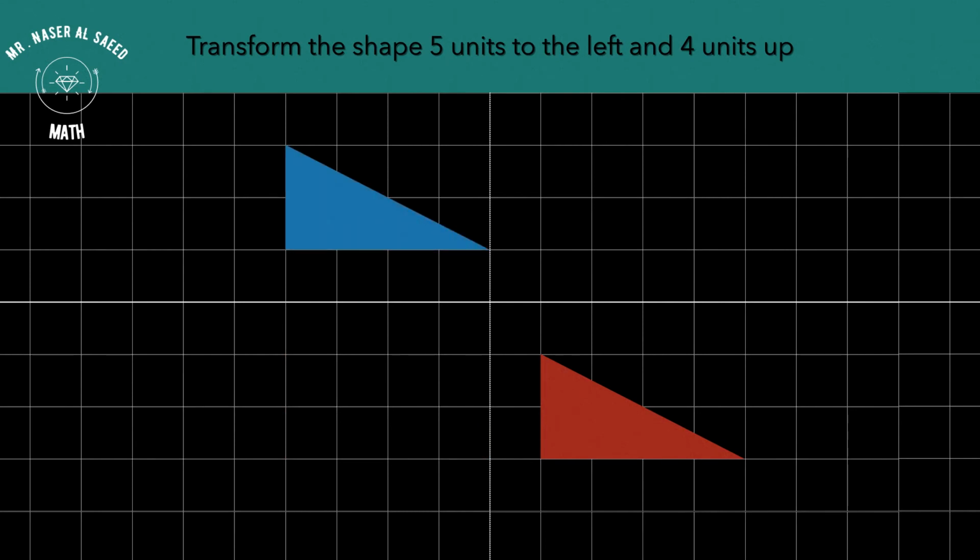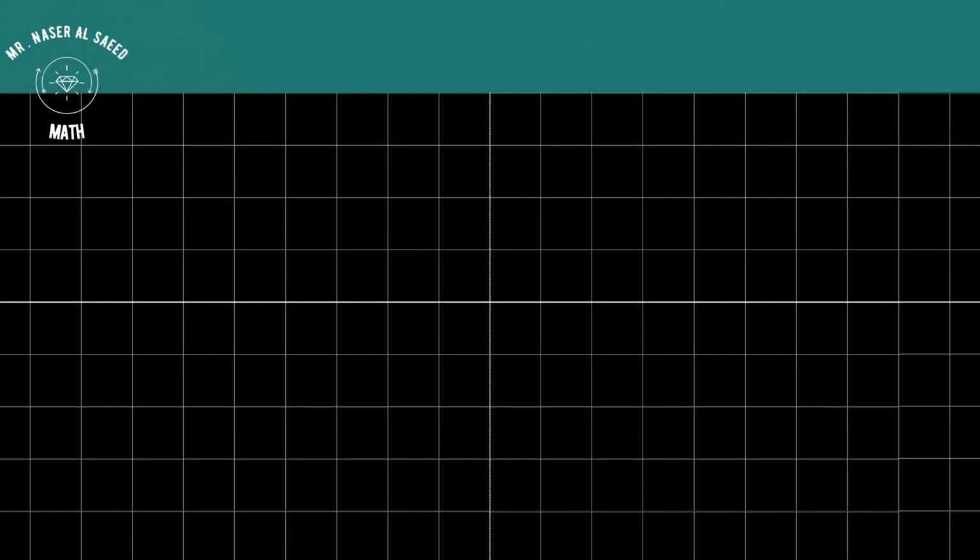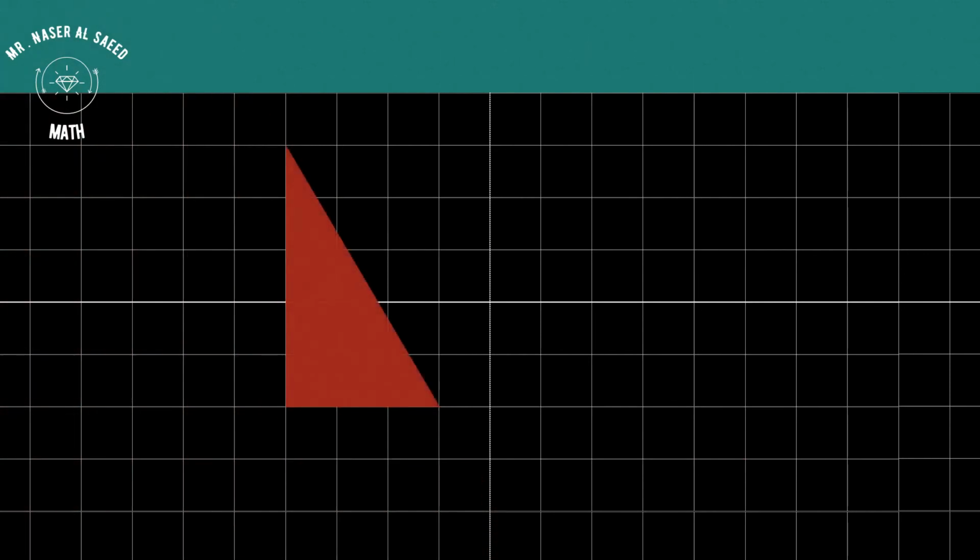Let's try another triangle. The instructions say to reflect the triangle over the y-axis. So we see our y-axis right in the middle there, and we're just going to reflect it right over that. The y-axis will be our line of symmetry.